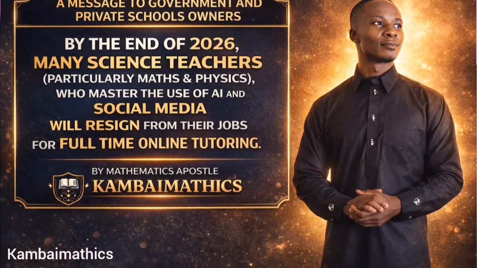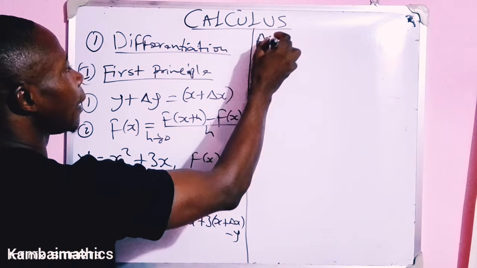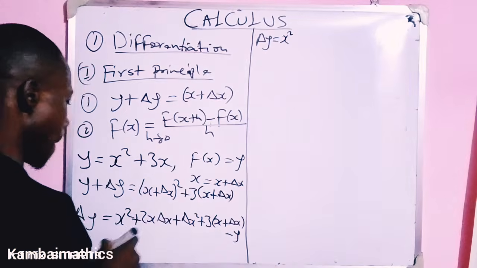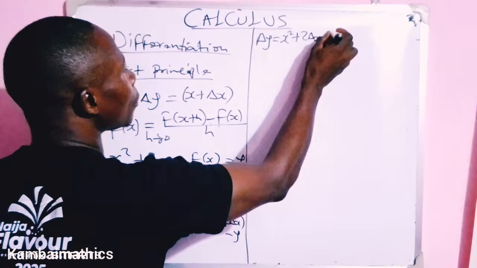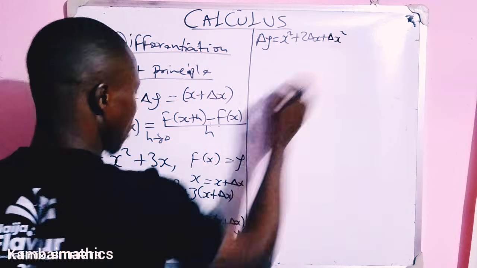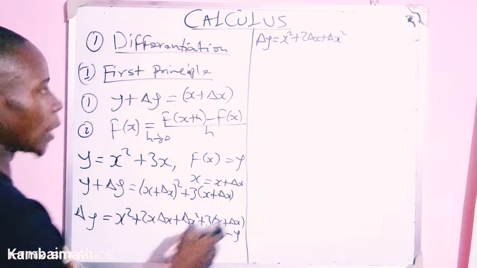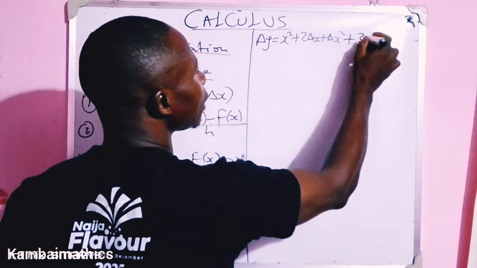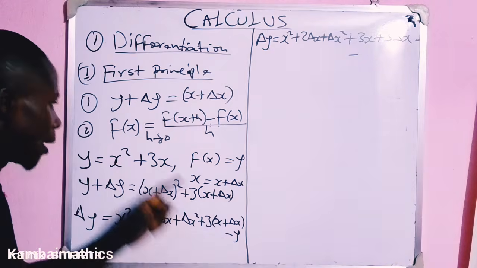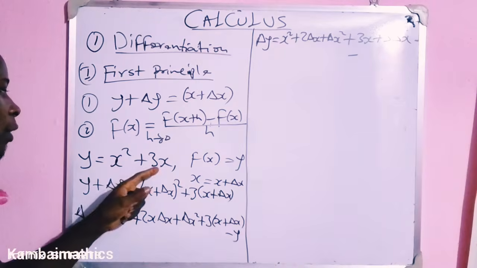Taking this one up, we'll have del y is equals to, we have this x square, and then plus 2x del x plus del x square. And then when you multiply this one, you have plus 3x plus 3 del x, and then minus our y there. y is equals to x squared plus 3x.